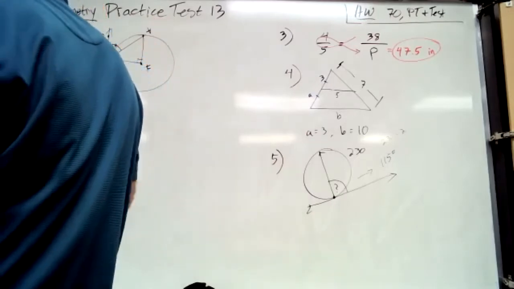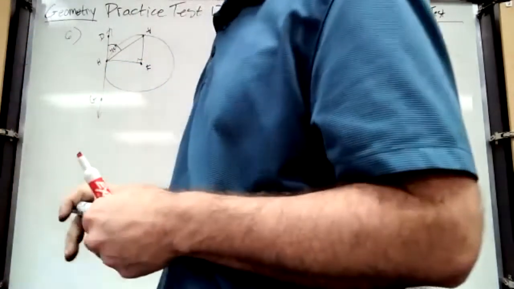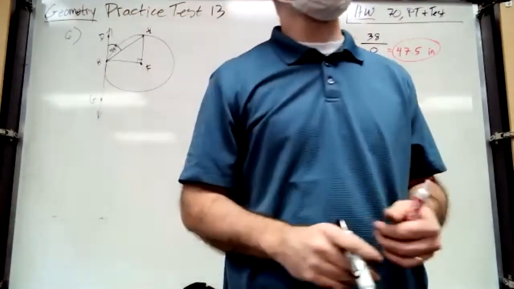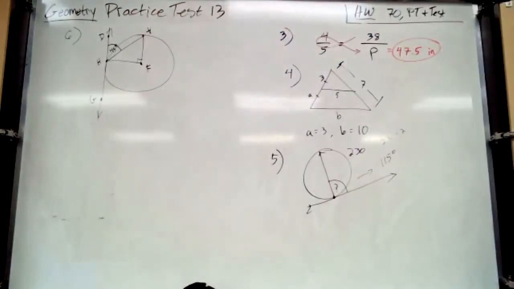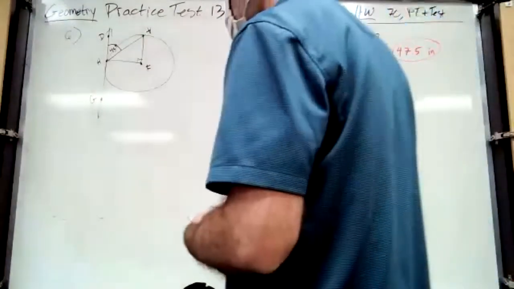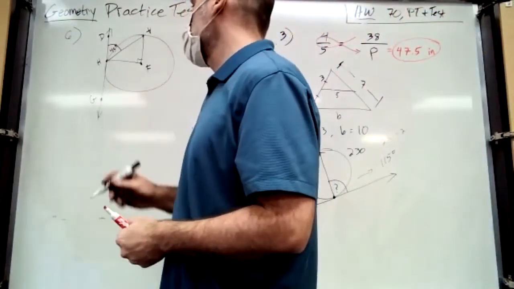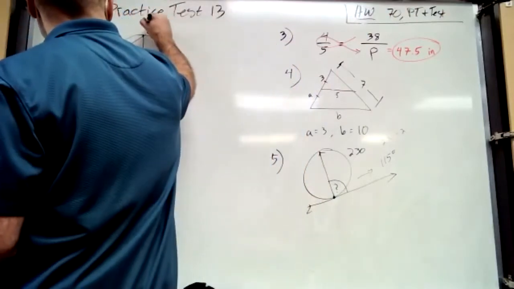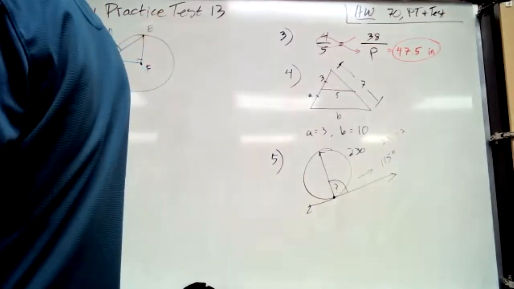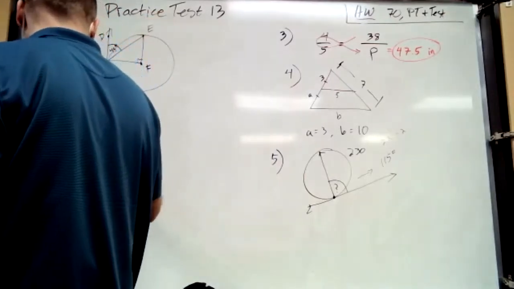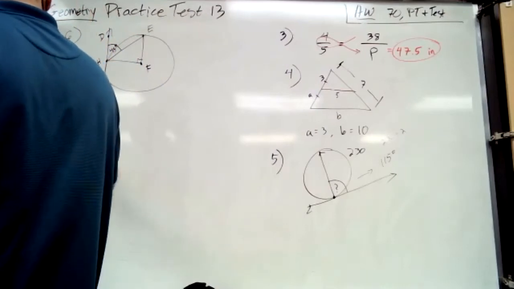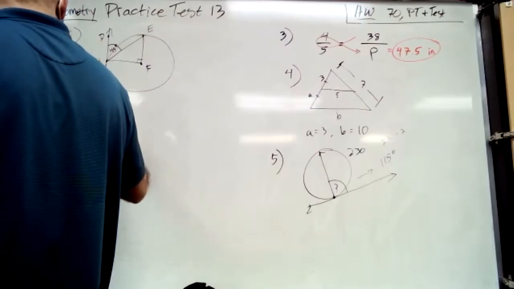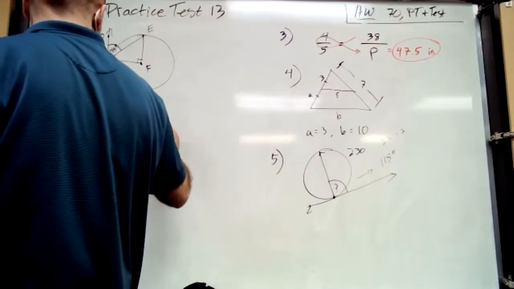So we want to prove that DG is tangent to circle F. The top letter is D. No, not that one, the other one, H. Sorry, that's E. I did that wrong. Okay, so we're going to prove it. Here's what's given: the measure of DHE equals 45 degrees. Why? Because it's given.